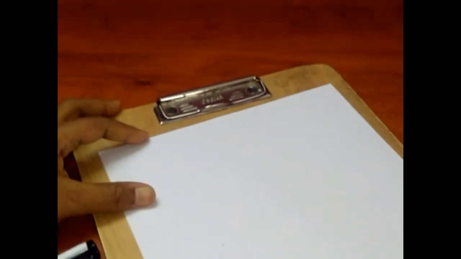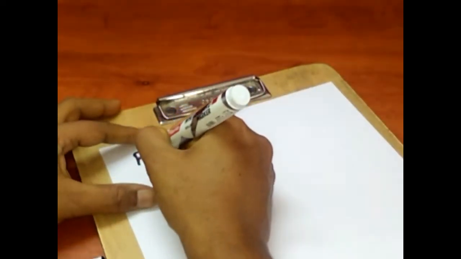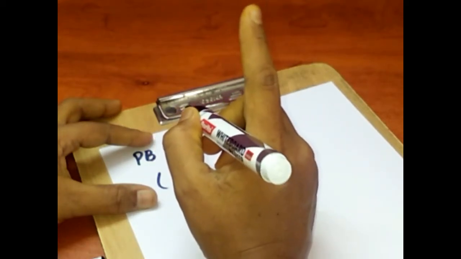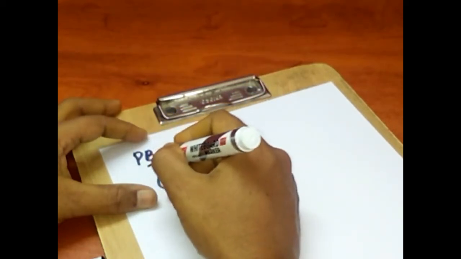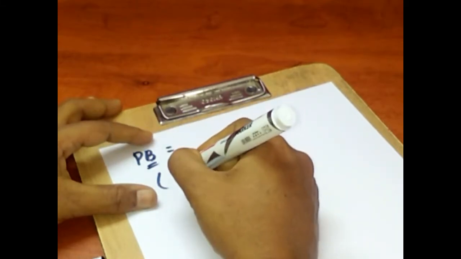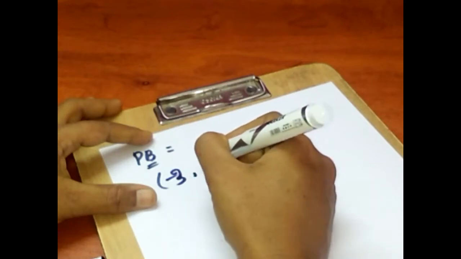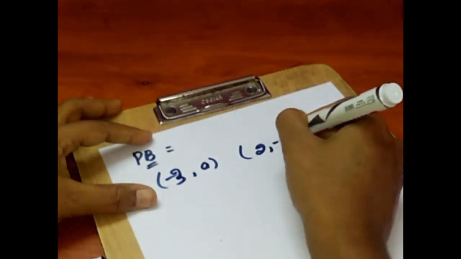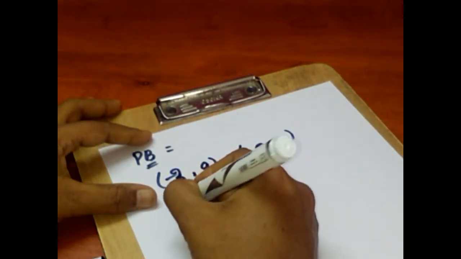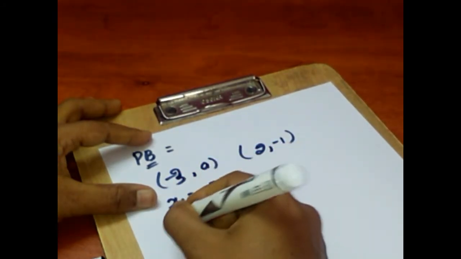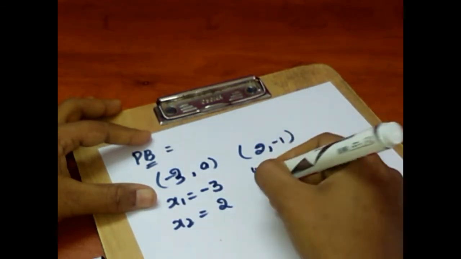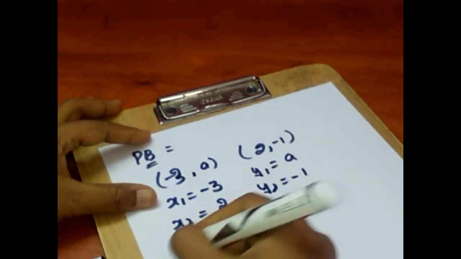Now the second point, let us calculate PB, that is from B to P. So first we should consider B. B is given as (minus 3 comma a) and P is given as (2 comma minus 1). So x1 is minus 3, x2 is 2, y1 is a, y2 is minus 1.